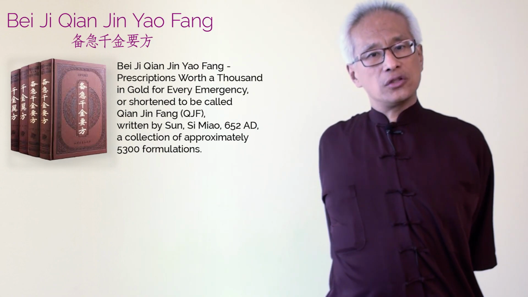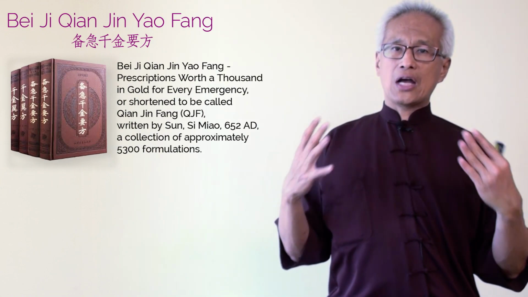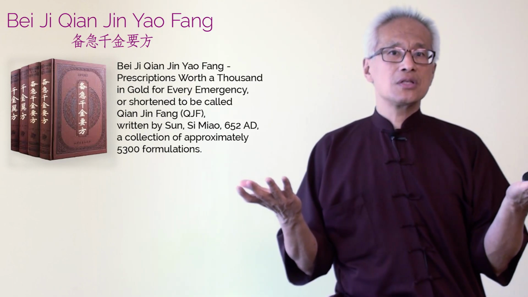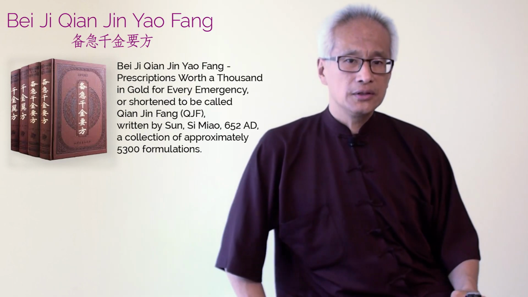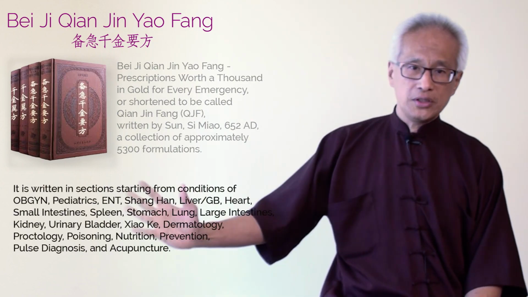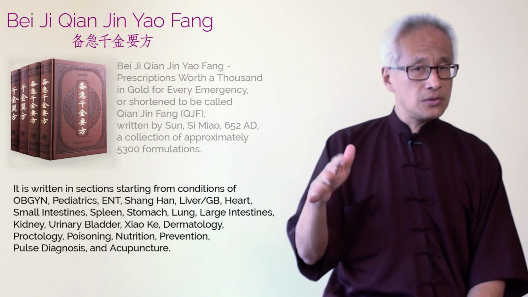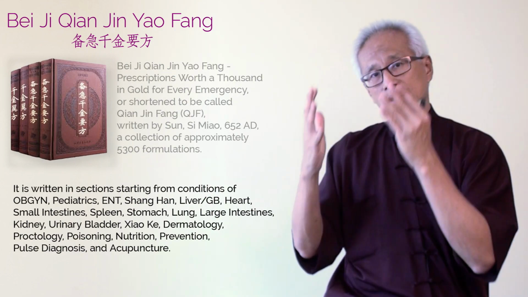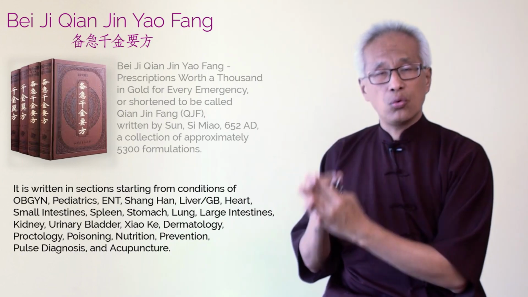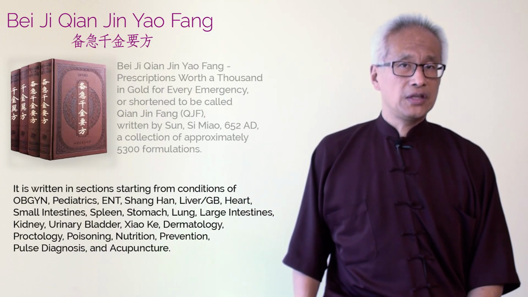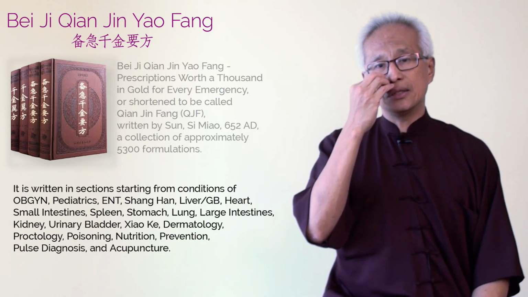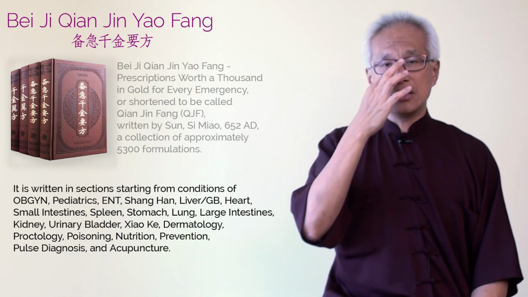It has a collection of approximately 5,300 formulas. So some of it is written by him, but some of it is probably a collection from other books. It is written in sections starting from OBGYN and pediatric conditions. As you can see, their minds were very clear that the mother and the children should be the most important people to take care of before the husband. So a lot of times that is what it means there.